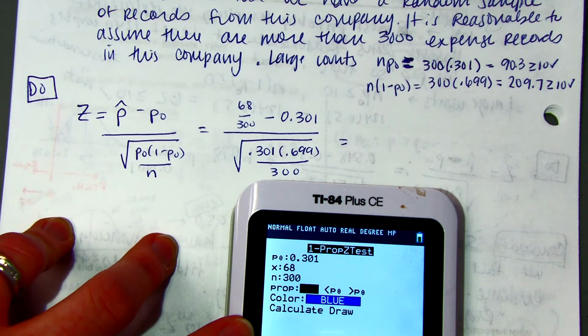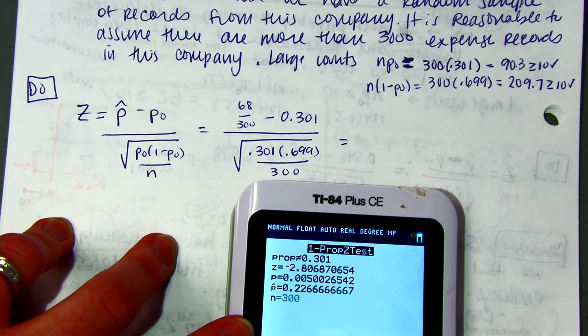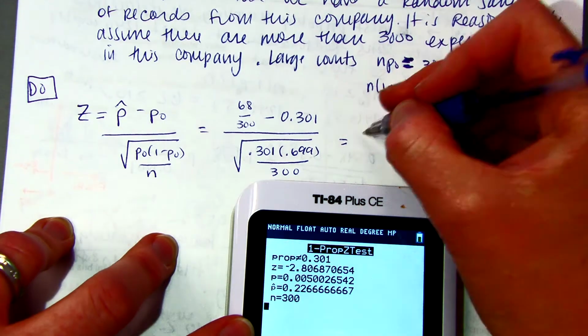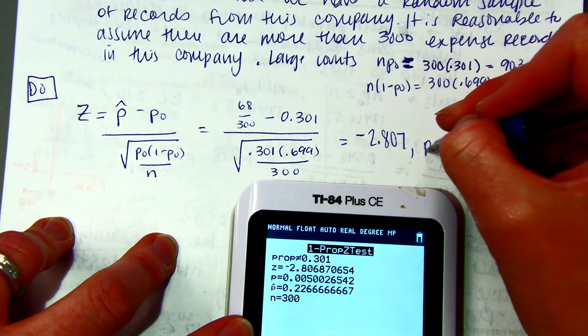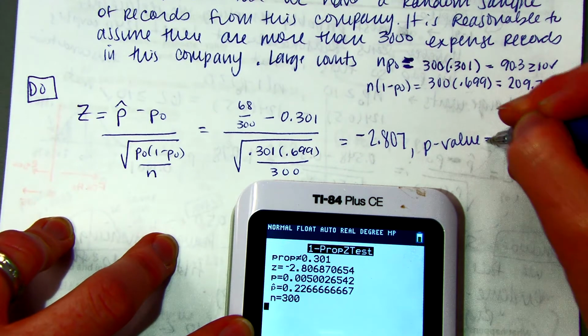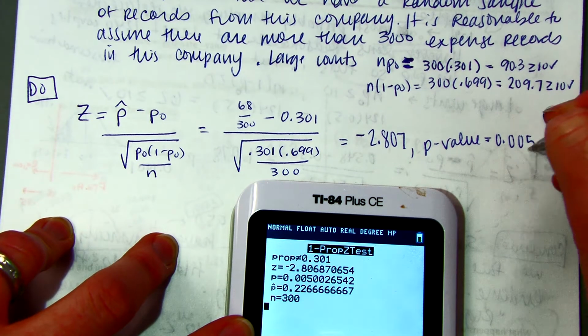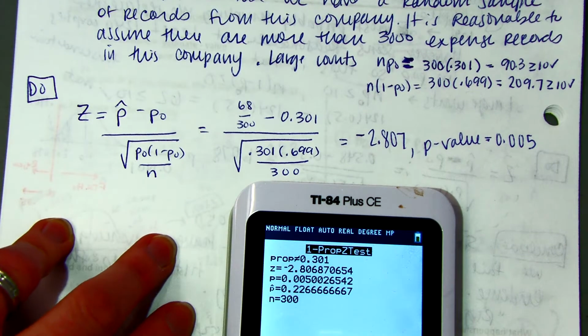Our alternative hypothesis is not equal to, and then you can either calculate it or draw it. I'm going to calculate it here. This gives me the z-score, negative 2.807. It also gives me the p-value. The p-value is 0.005. So this is nice because then I don't have to go to the table.